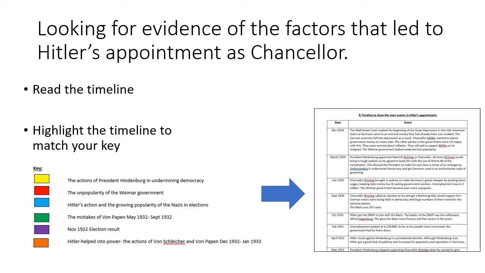Are there any points that might match with the Weimar government becoming unpopular? Are there any points that might match Hitler's actions and the growing popularity? And so on. So you need to read each section carefully and complete the research. As you go through the timeline, you'll find hopefully that you're colour coding a lot and building up evidence to support these three factors.